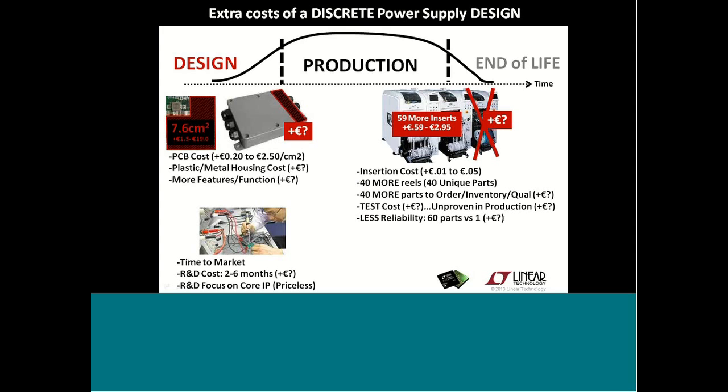While production is running, the insertion cost might be little, just 1 cent to 5 cents, but you need special equipment, additional wheels, just to install into the pick-and-place machine, and 40 more parts to order and to run the inventory and qualification. The test is again additional cost, and finally the lower reliability.